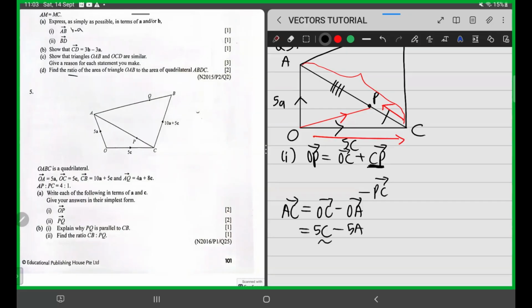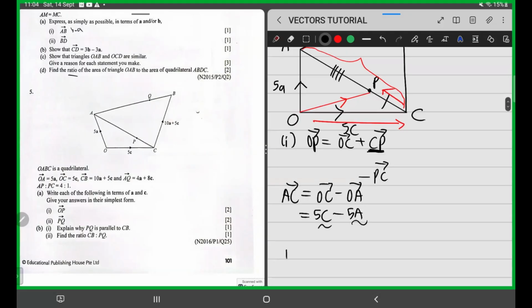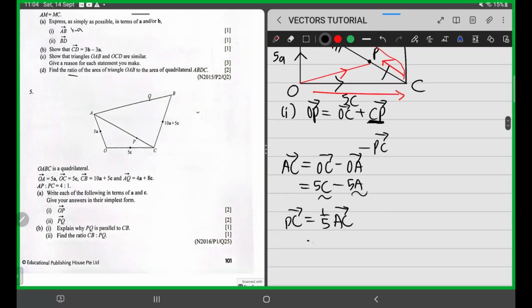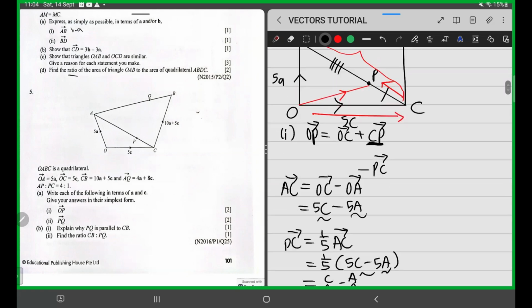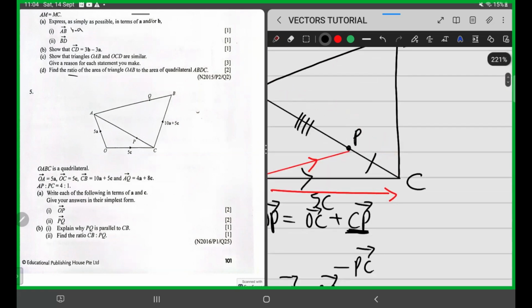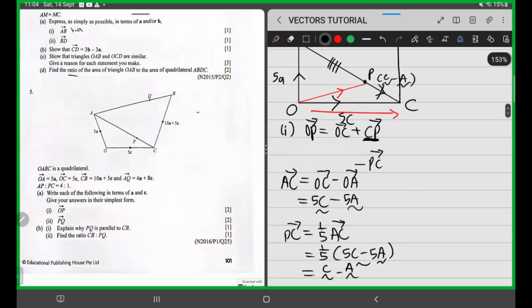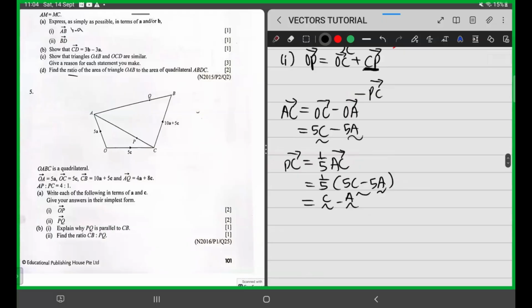So therefore, PC is 1/5 of AC, which means it's 1/5 of 5C minus 5A, which gives us C minus A. So over here, this vector PC is C minus A. So if you want to find the opposite of PC, which is CP, CP is negative PC, right?